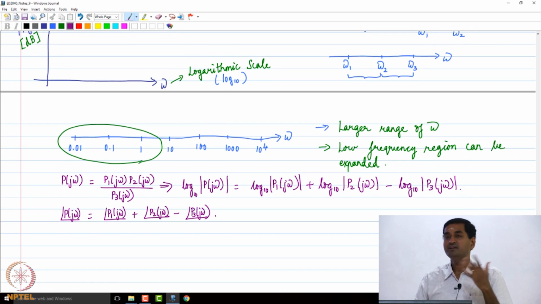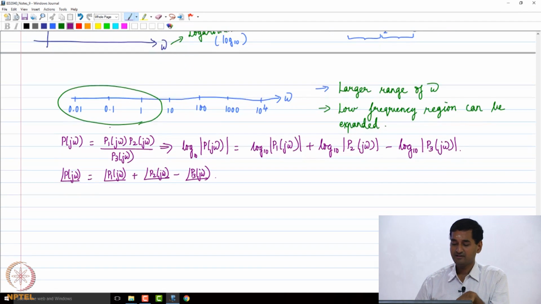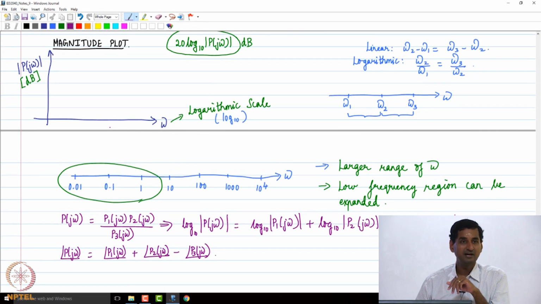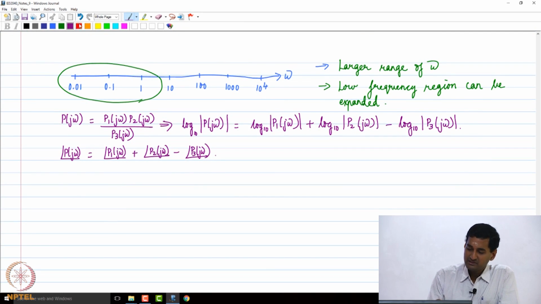So, essentially if you can break down a given transfer function into simpler building blocks, which we are going to look at, then we just plot the Bode diagrams of the individual blocks and then take the algebraic sum, that is it. So, then we are done. That is a very good advantage of using a logarithmic scale, even for the magnitude. So, now the second plot is what is called the phase plot.